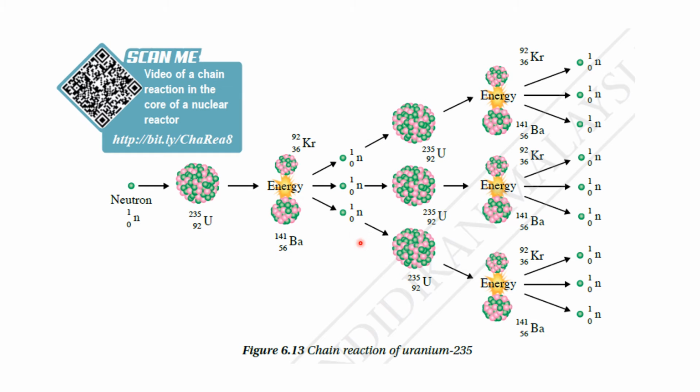These neutrons will bombard other uranium nuclei, and then the process will release more neutrons through continuous nuclear fission. This continuous reaction is known as a chain reaction.